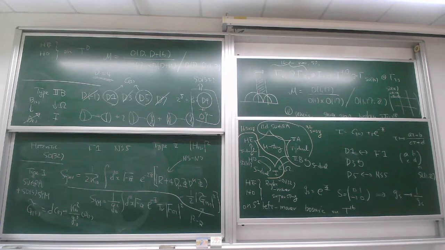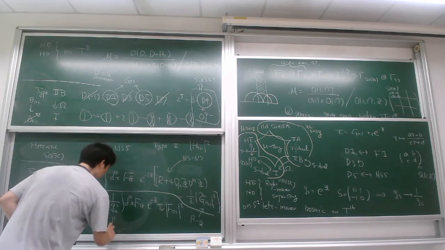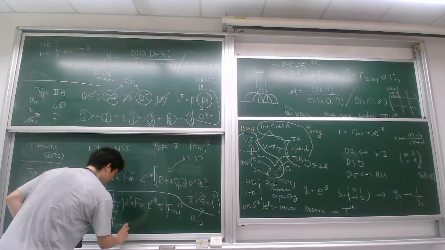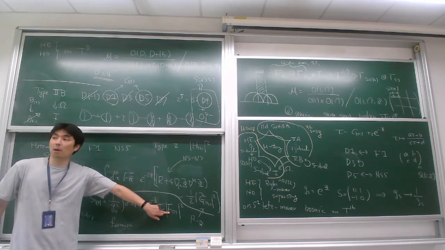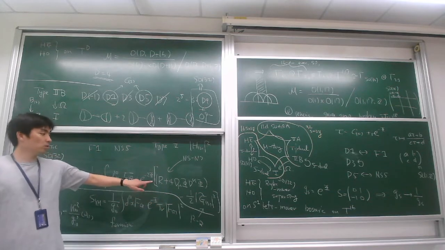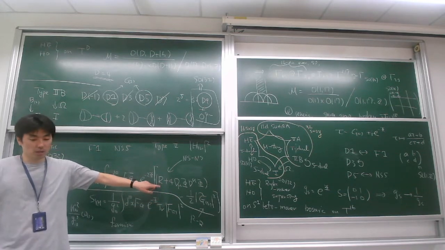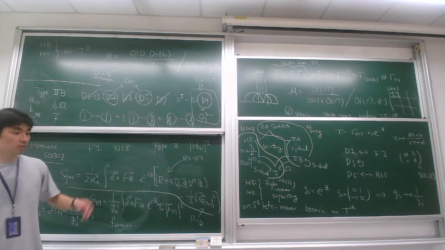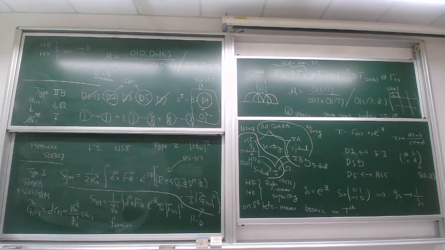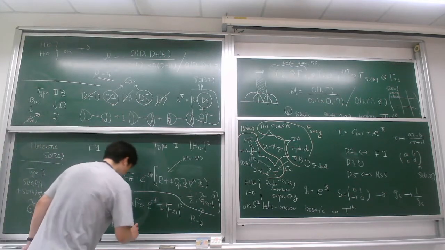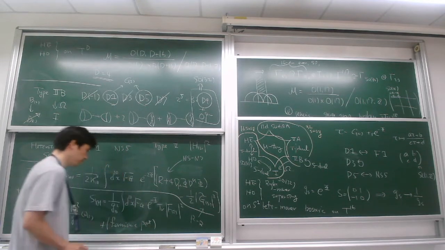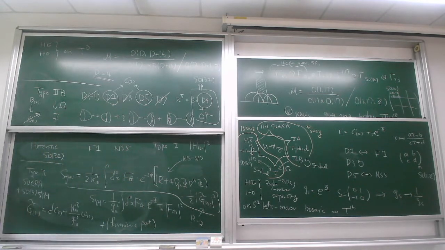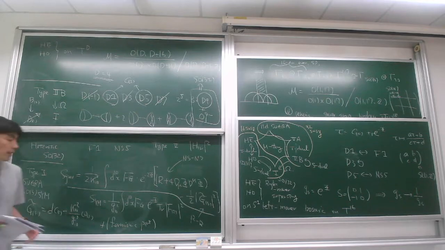There is a superpartner of the Yang-Mills field, the gaugino, and also superpartners of the graviton and the dilaton, the dilatino and gravitino, and so on. There is a corresponding action, but I'm going to omit the fermionic part. So this is the action.